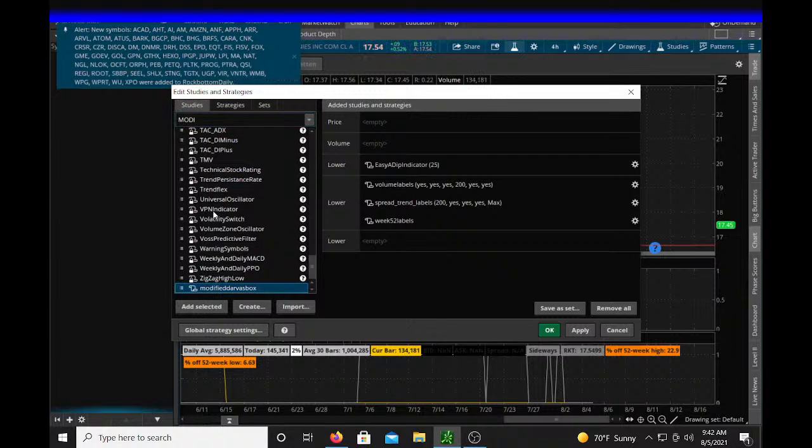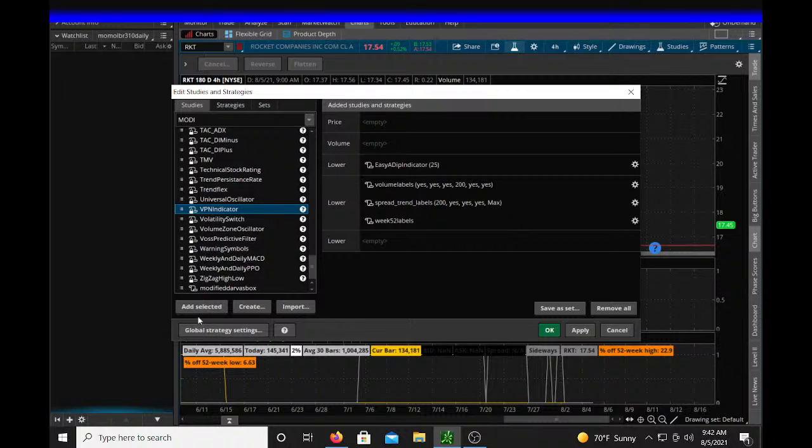VPN indicator. Interesting. Universal oscillator. Interesting. Those are new, at least new to me. Warning symbols. Ooh la la. Technical stock rating.